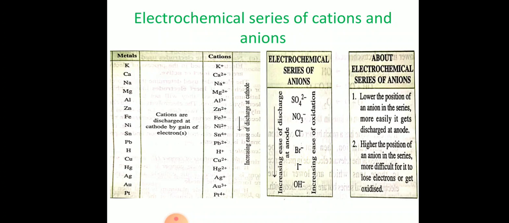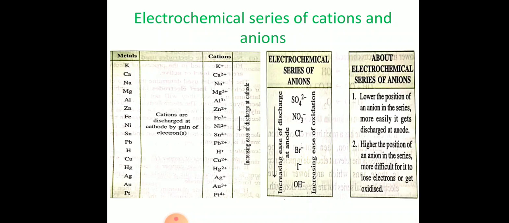Now we need to remember the order of the cations. That means which cation will be discharged first at the cathode. Say for example, if in an electrolyte solution you have got two cations, say sodium and hydrogen, H plus, which ion will get more preference to go to the cathode?